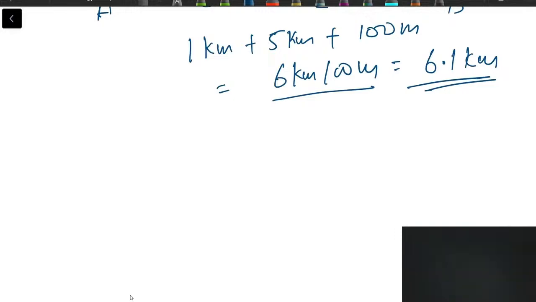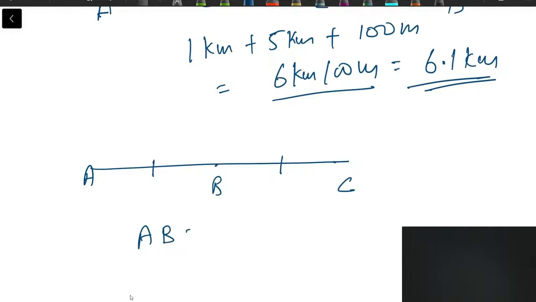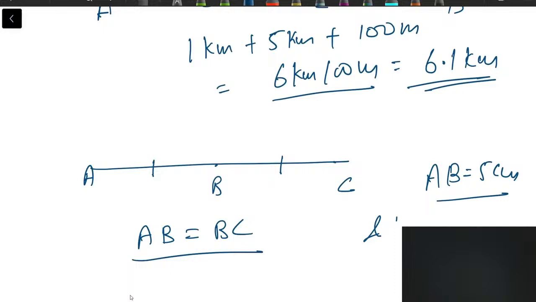Now let's have a discussion. Let's take a point A, point B, and point C. Here AB is equal to BC. If anybody says the value of AB is 5 centimeters, find the value of AC.